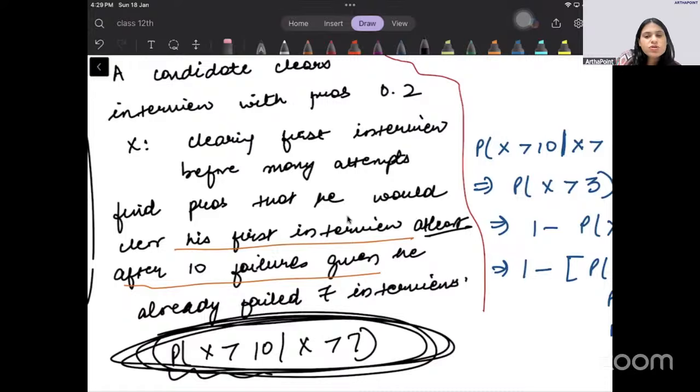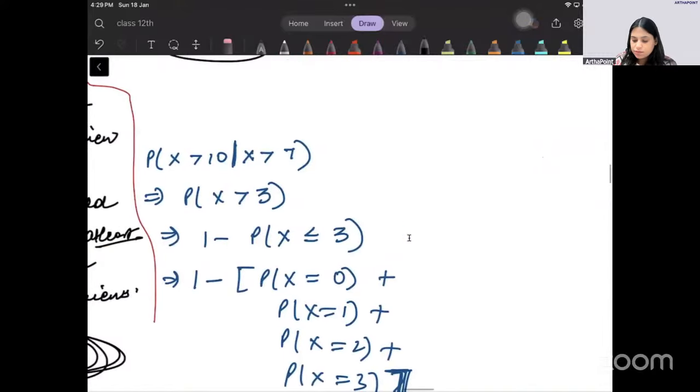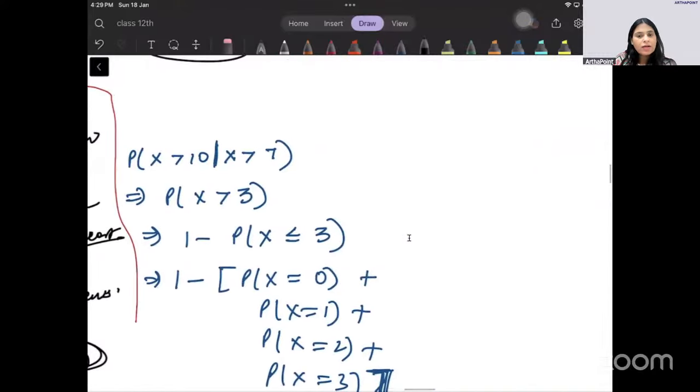In the previous question, when x is greater than or equal to 1, you used 1 minus probability x equal to 0. So I'm confused with probability x equal to 3. See, I don't know what the confusion is, but just see here.